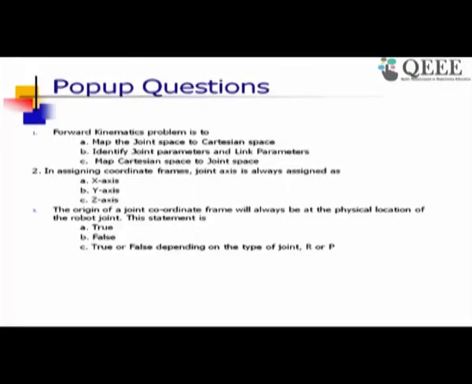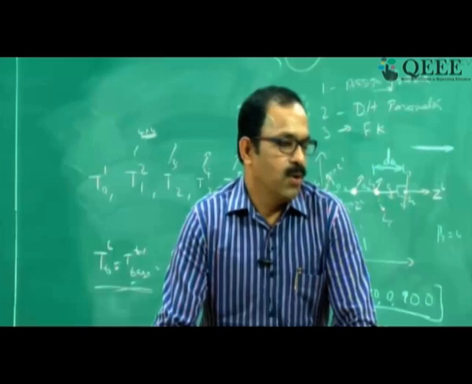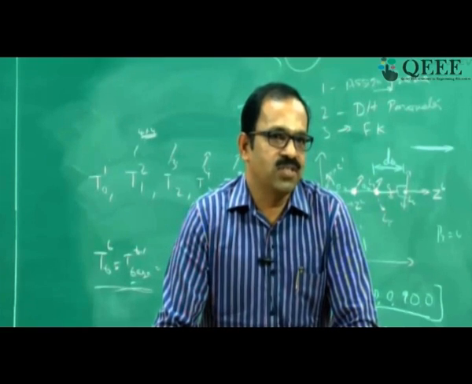Okay, next one. The origin of a joint coordinate frame will always be at the physical location of the robot joint. Is this statement true, false, or does it depend on the type of joint, R or P? Okay, there are B's and C's.